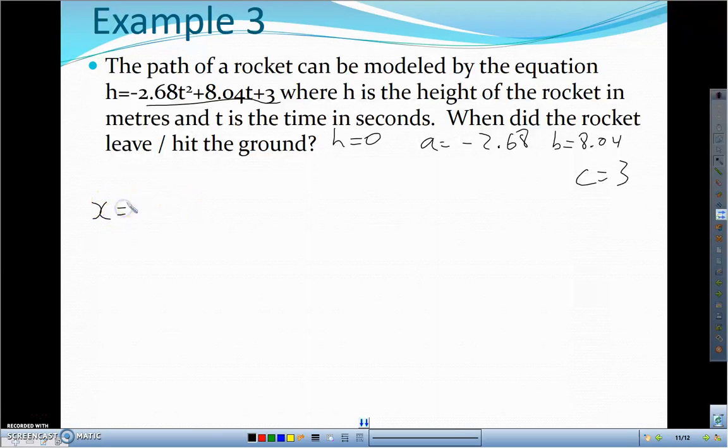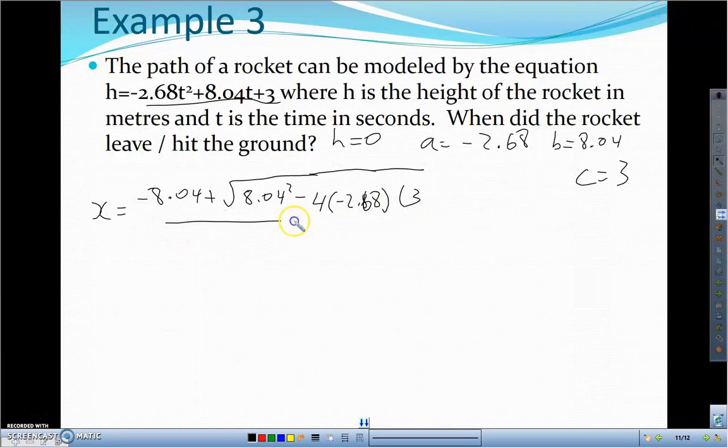X is equal to, it's always x value, negative b, which is negative 8.04, plus the square root of 8.04 squared minus 4 times negative 2.68 times c, which is 3, bracket, divided by 2 times a, 2 times negative 2.68. Make sure you don't forget that negative.